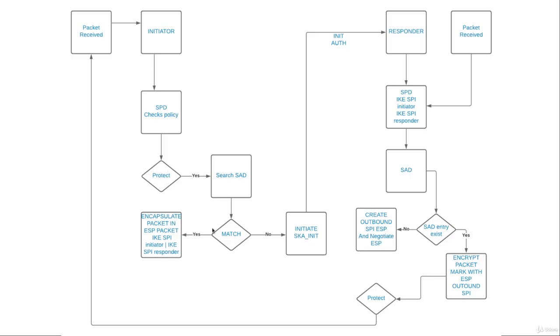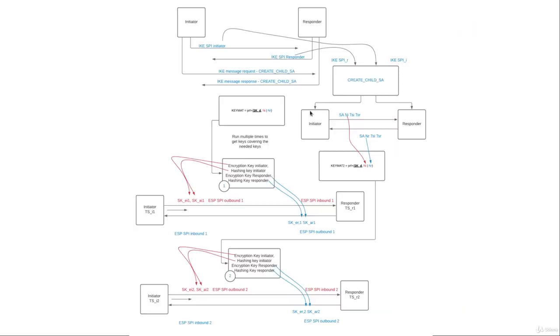Okay, so we go back to the negotiation for traffic encryption. Based on the authentication, the two sides arrive at the same set of keys. Both the initiator and responder use the formula of the pseudo-random function of the SKD, against the concatenation of nonce initiator and nonce responder.